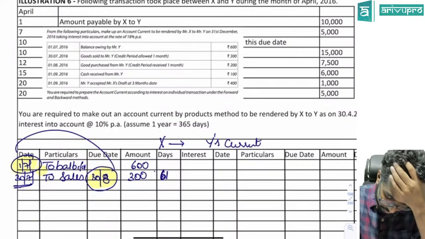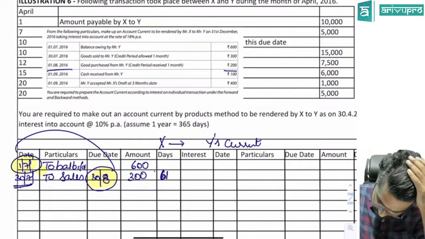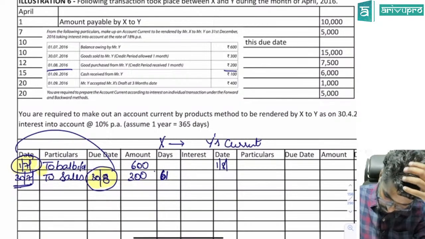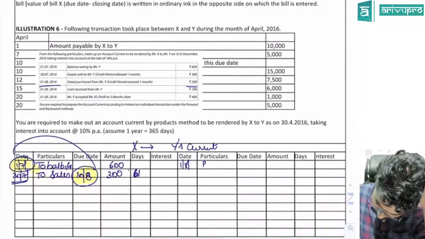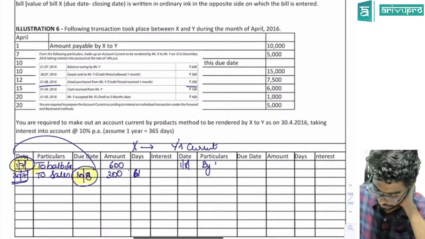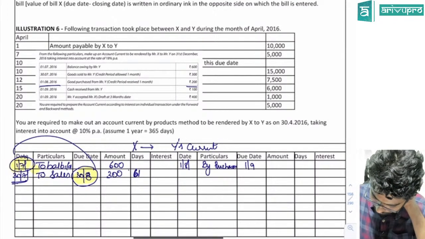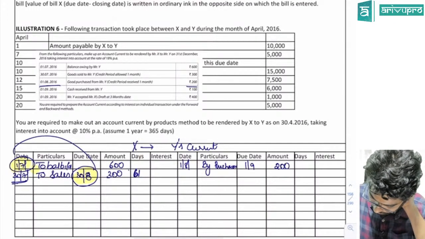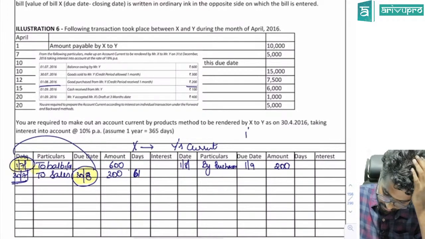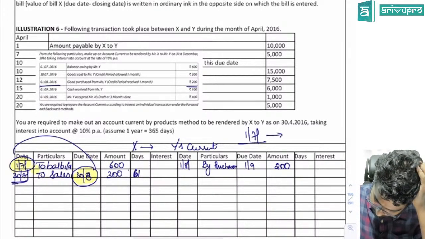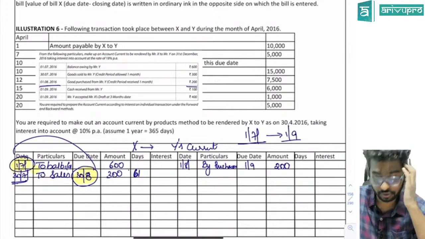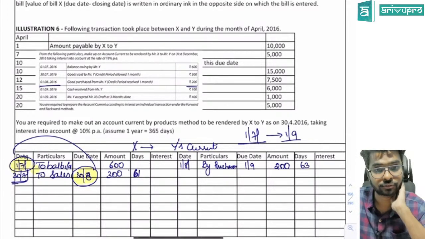Now next one, 1st August purchases, credit 1 month, purchases 1 month will be 1/9, amount is going to be 200. Now I have to find from 1st July to 1st November, that is going to be 63.